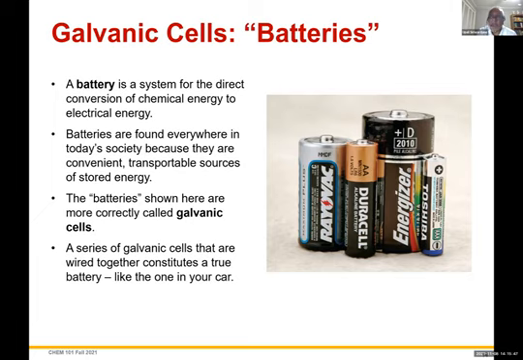There are 6 lead acid cells combined in series. Series means one after the other. The voltages add up to 12. 2 times 6 is 12. That's how you get 12 volts produced by a lead car battery.